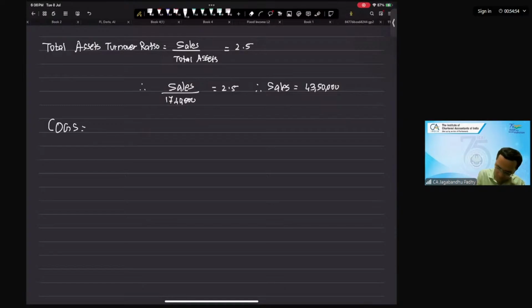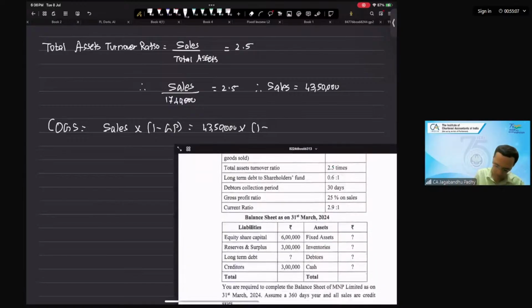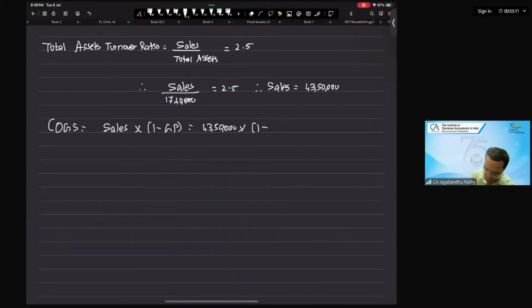Cost of goods sold will be sales multiplied by 1 minus GP ratio, which is 43 lakh 50,000 into 1 minus 0.25, so into 0.75.